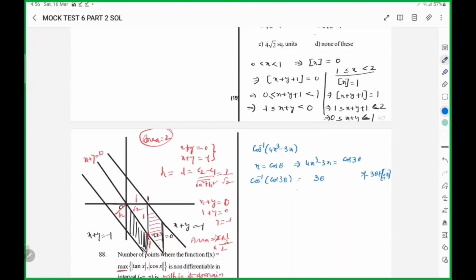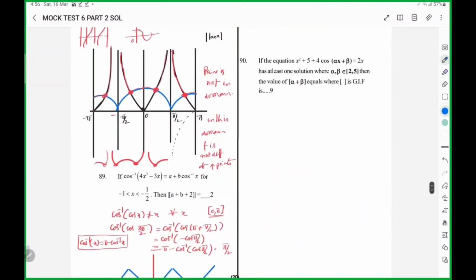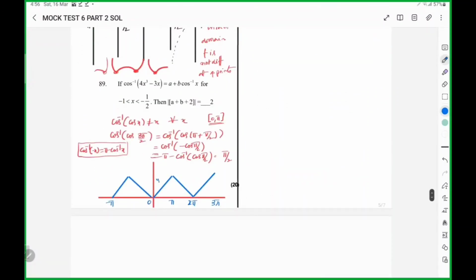That is 3 cos inverse x. If 3 theta lies between pi and 2 pi, where between pi and 2 pi, this line is perpendicular to y equal to x and passing through 2 pi.